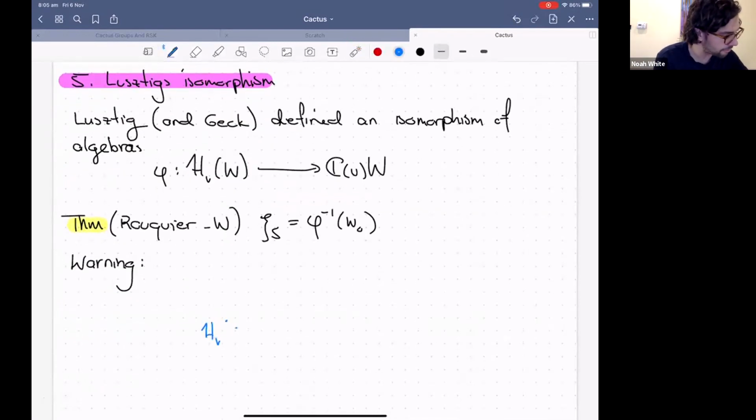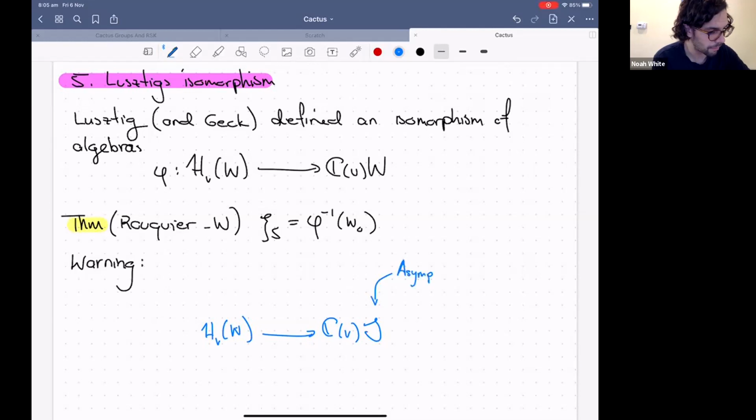First of all, you have an isomorphism with Lusztig's J-ring. This is supposed to be the asymptotic algebra. Let me call it something else, B. And so this is an isomorphism.